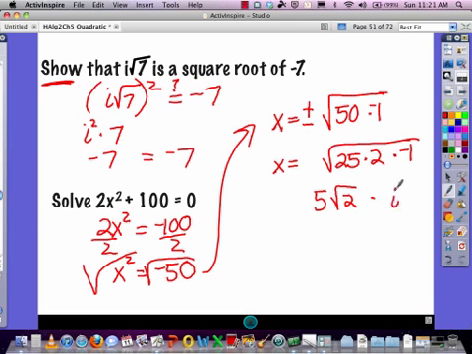So the best way to write this so you don't have any confusion, and remember we said plus minus all the way through: x equals plus or minus the 5, the constant should go first, the i, which is a variable, is second because it's not underneath the square root, and then anything that goes underneath the square root would go next. So our final answer is x equals plus or minus 5i root 2.